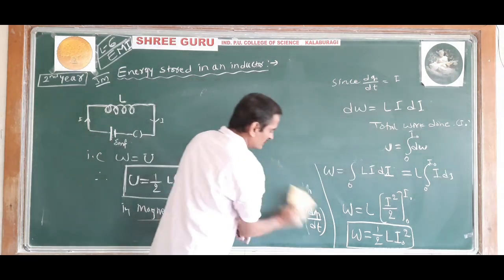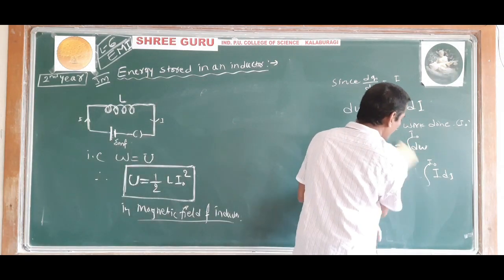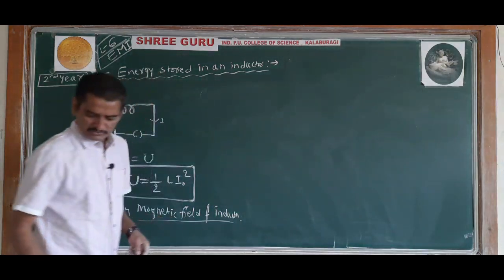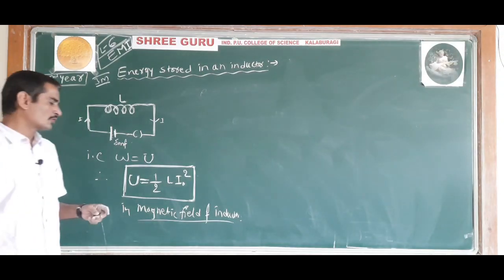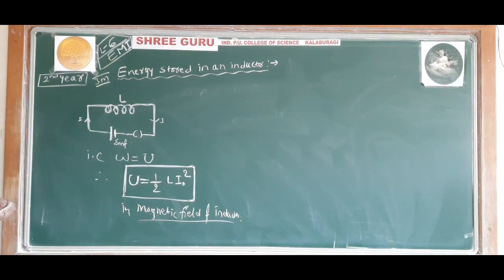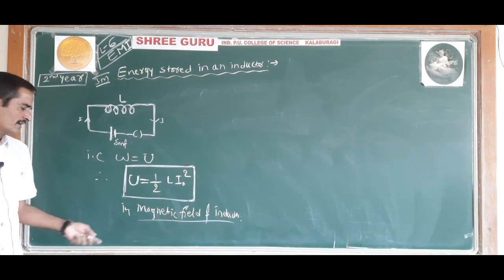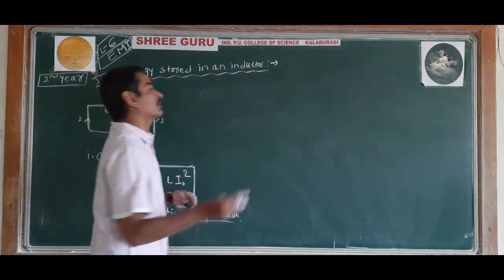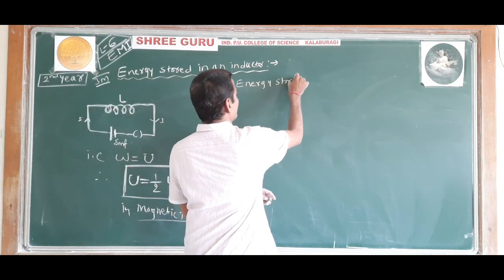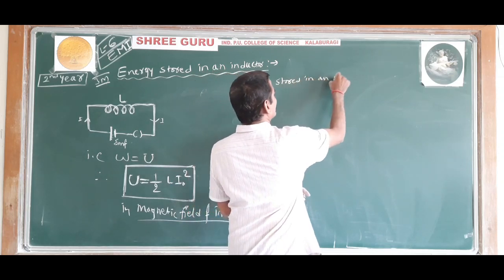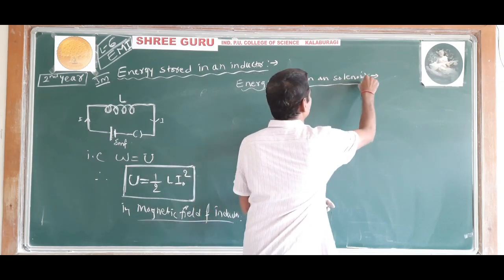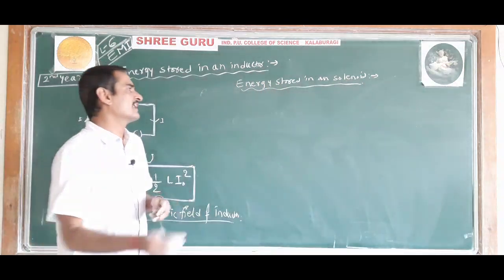Okay. So now let us find the energy stored per unit volume. Let us find the energy stored in a solenoid.